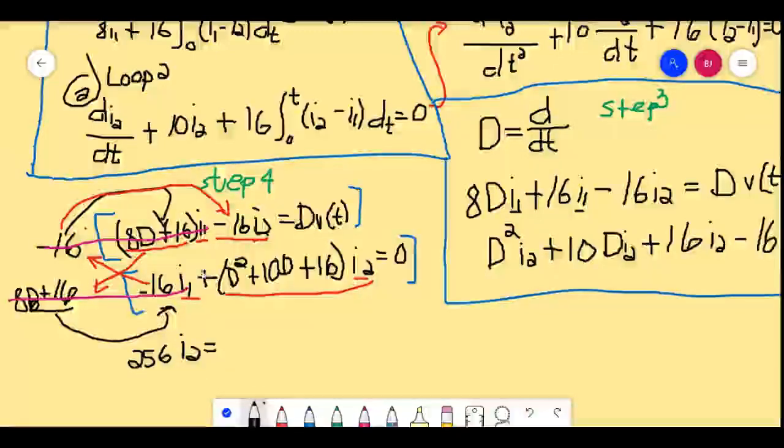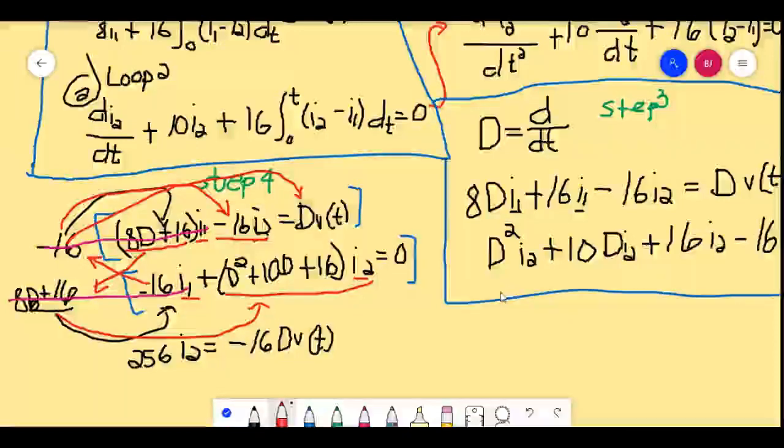So don't forget I2 equal to negative 16 dVt. So we multiplied negative 16 with dVt as well. Next up, we have 8d plus 16, and we multiplied it with this one here.